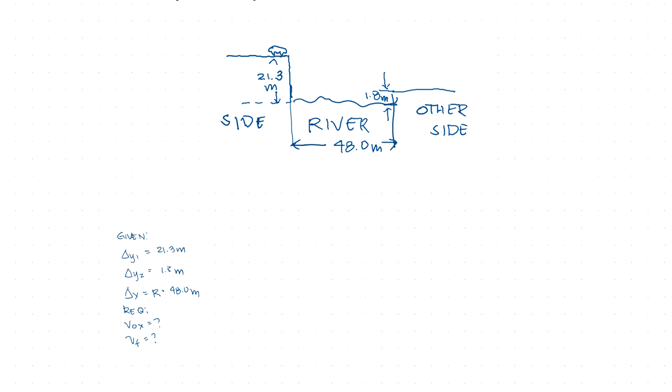Meron tayong range, pero wala tayong initial velocity and wala tayong time. So, saan natin siya pwedeng kunin? So we can get that on the y component. So pwede natin kunin by finding the y component. We can find time using the y component ng mga formula.